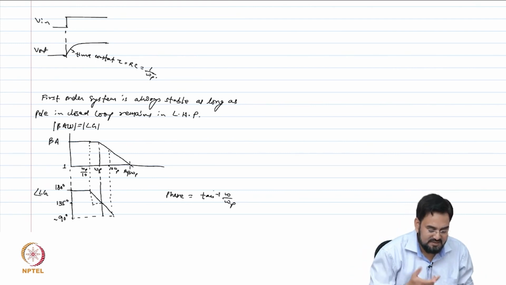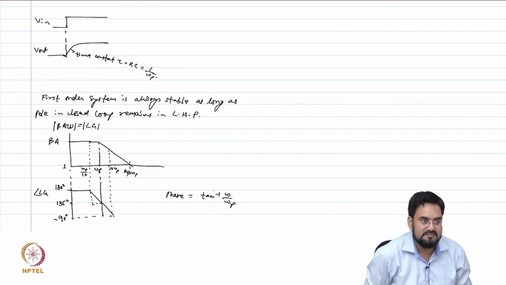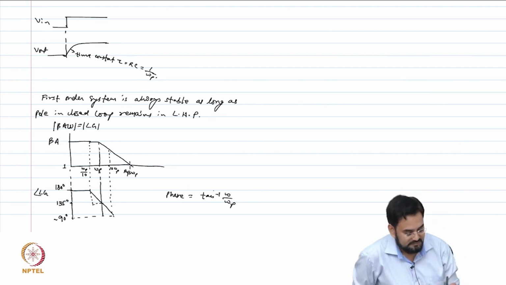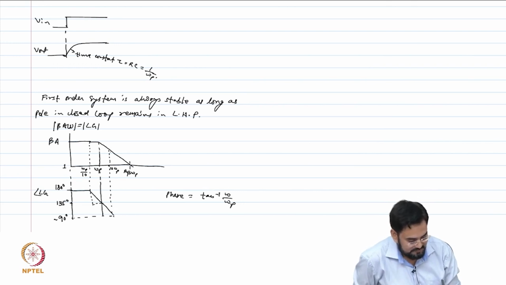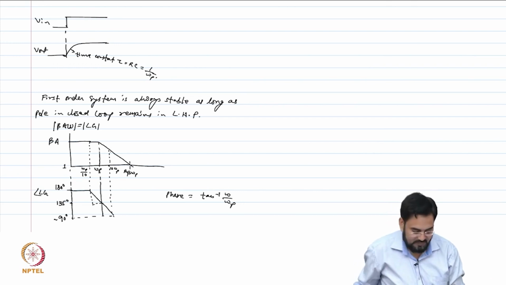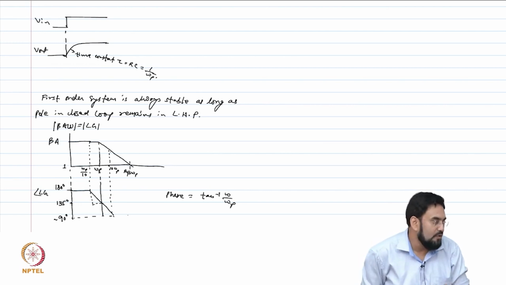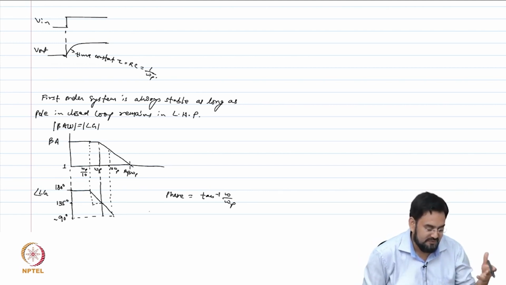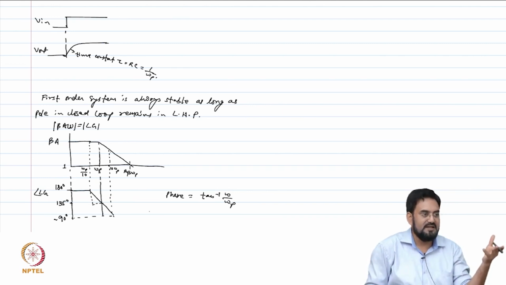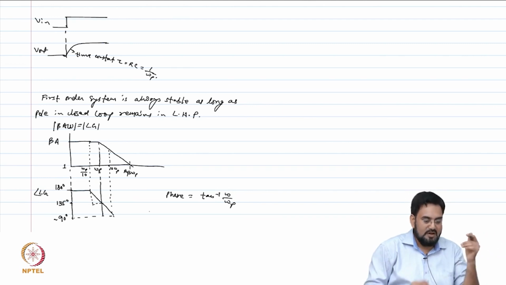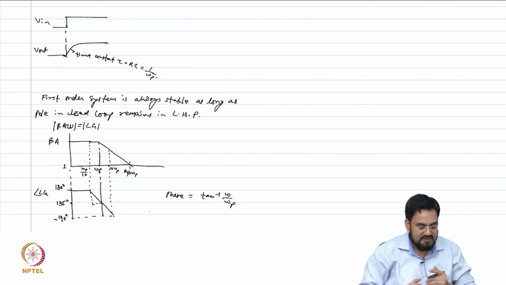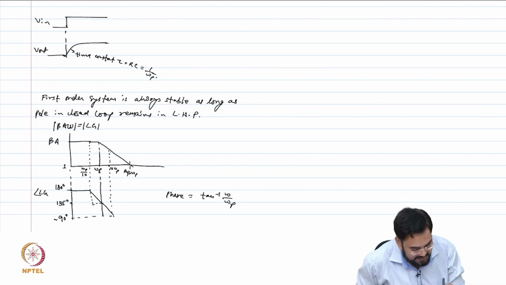That is why we say the first order system has a maximum phase margin of 90 degrees. Your phase drop will never be more than 90 degrees here. So when you measure the phase margin, this is your unity gain point, and your phase has saturated here.